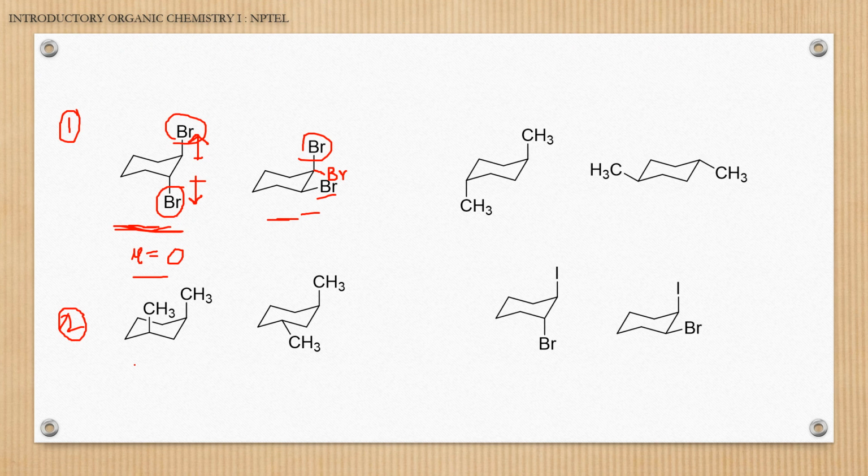Okay. So here it is a very straightforward thing: both methyls will prefer the equatorial position, and there is no other factor governing the stability. So now the trans conformation for this 1,3-dimethyl cyclohexane is more stable, right?